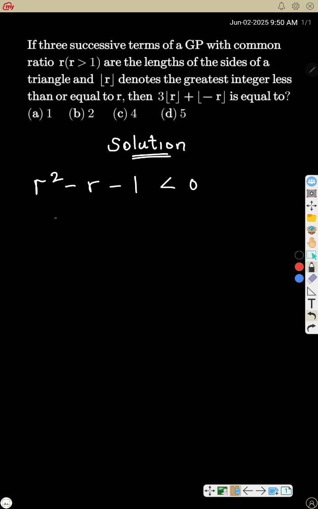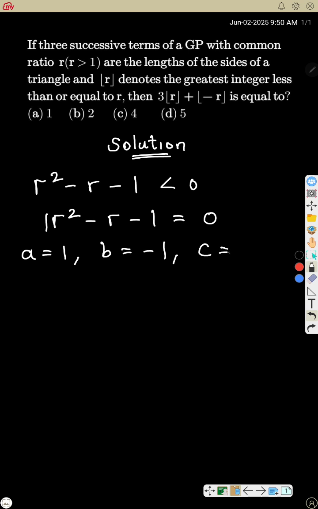Let me change the less than to equals to. Let's say R square minus R minus 1 is equal to 0. So here A is equal to 1, B is equal to minus 1, and C is equal to minus 1.